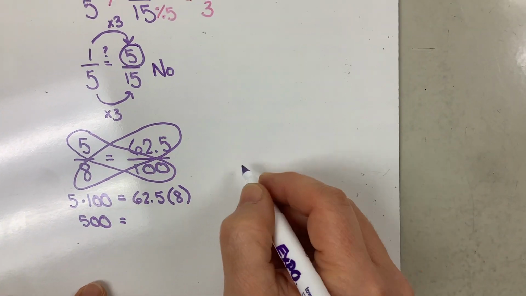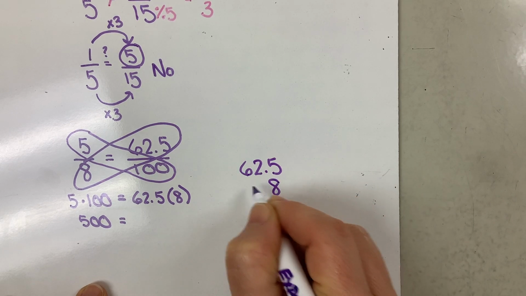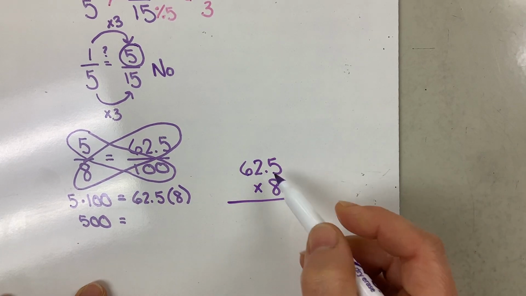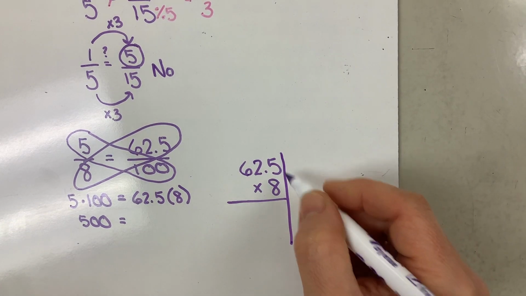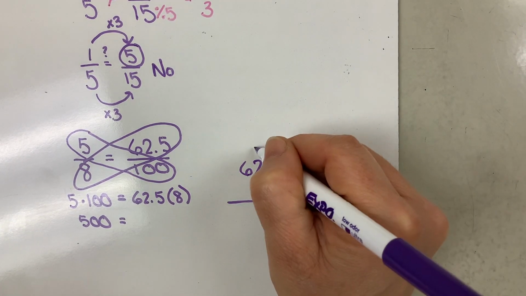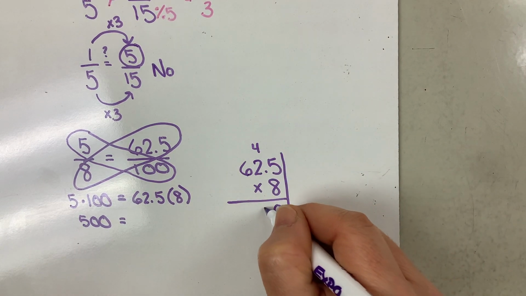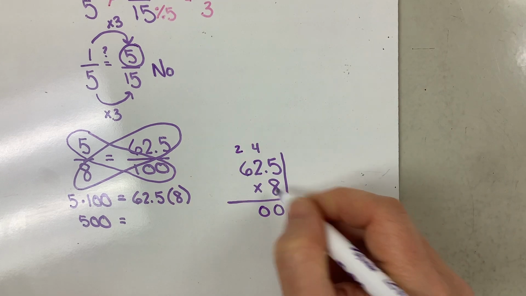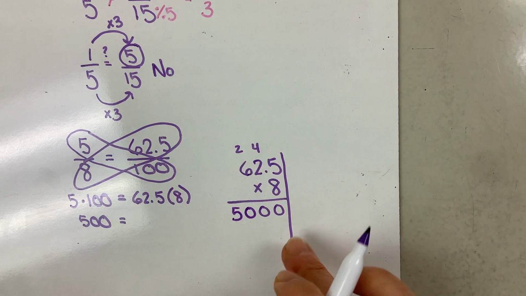I can multiply this. Yes, you do have your calculators, but I'm going to help you remember the most important thing when you are multiplying decimals, which is our wall. 5 times 8 is 40. 2 times 8 is 16, plus 4 is 20. 6 times 8 is 48, plus 2 is 50. Okay.